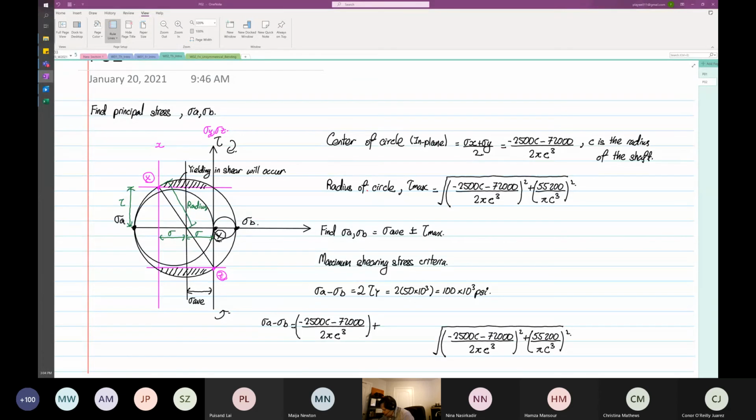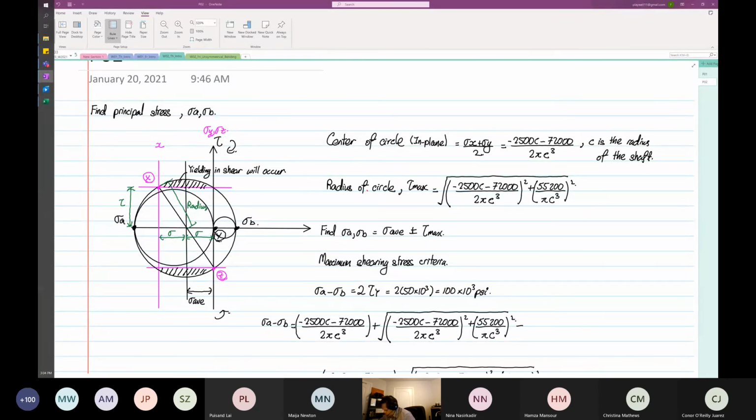So you have this term, this is your stress A. Then we minus the same thing. Not really the same, but you minus the same thing. So you close a bracket down here.